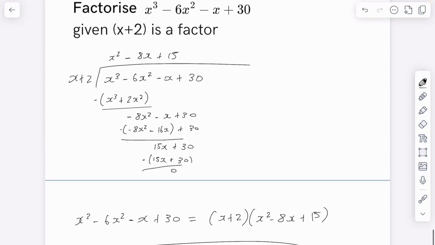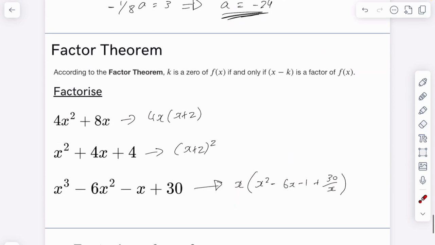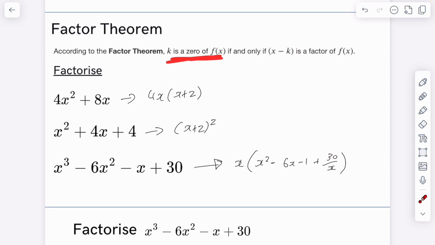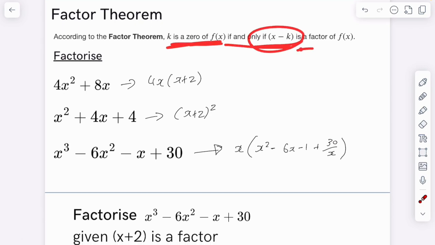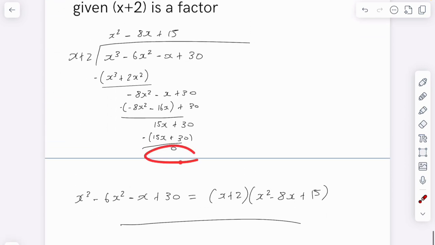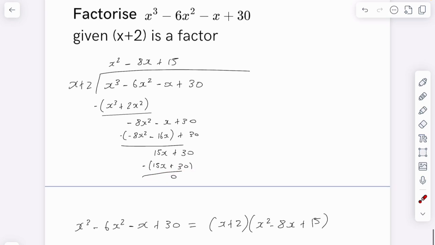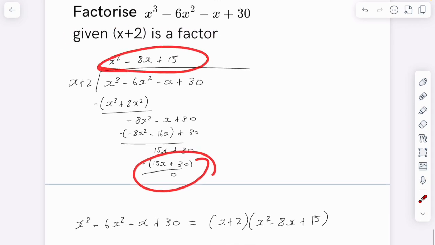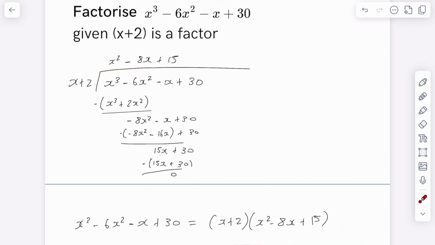That's the answer here. Very simple. Again, k is a 0 of f of x if and only if x minus k is a factor of f of x. We've shown the remainder is 0, and we're given that x plus 2 is a factor, so all we had to do is show that it's 0, and therefore we've factorized it as required.